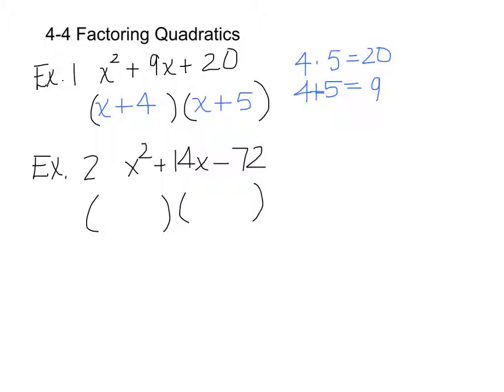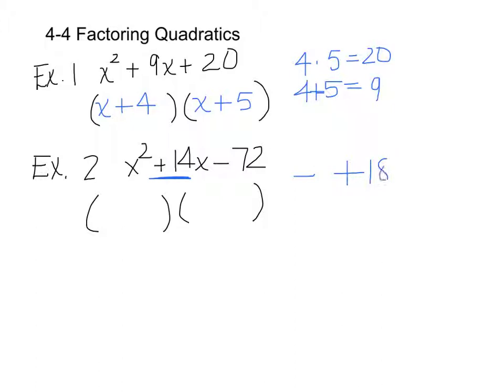You just know that they are 14 units away from each other. And when you multiply them, you have to get a negative. So you know that one number has to be negative and one number has to be positive. And the larger number will take the sign of the 14. And so when you figure it out, the only ones that work are 18 and negative 4.